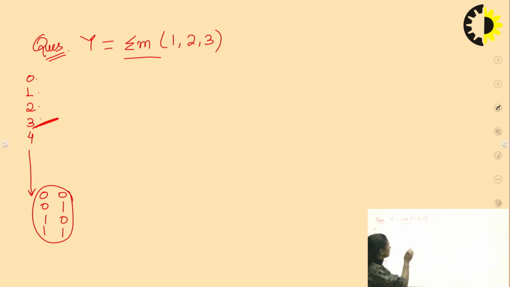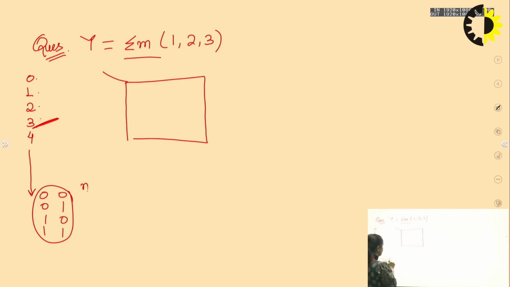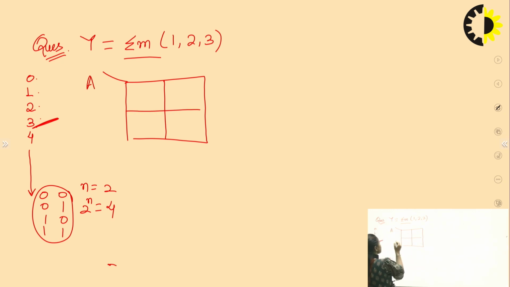So let us draw the n equals 2 map. How many squares do we have to make? We have to make 4 squares. I'll represent the 2 variable question: 1 variable I represent here, 1 variable I represent this way. So this will be A bar, this will be A, this will be B bar, this will be B, and I might write it as 0, 1, 0 and 1, right?